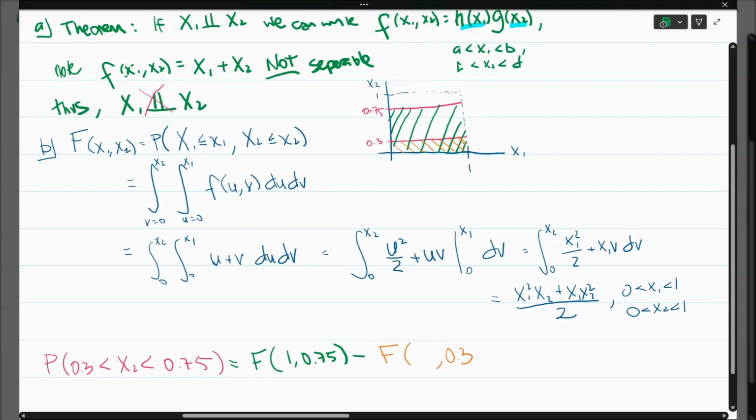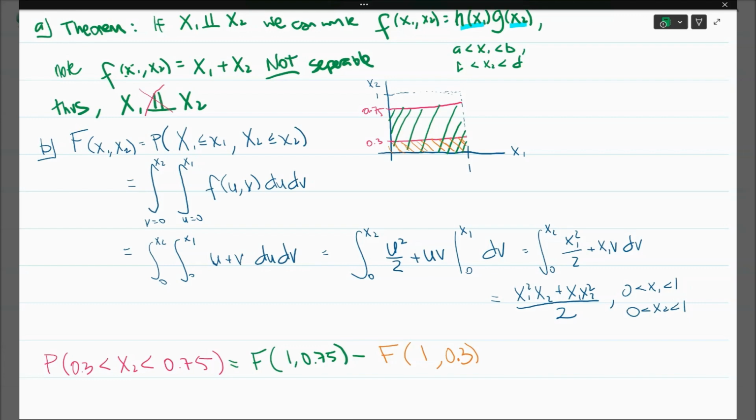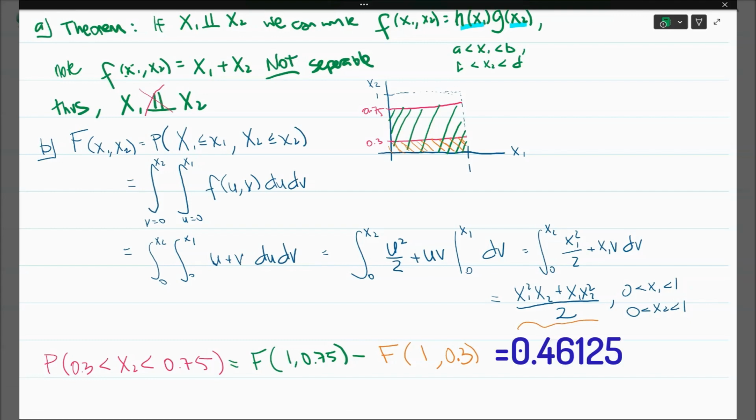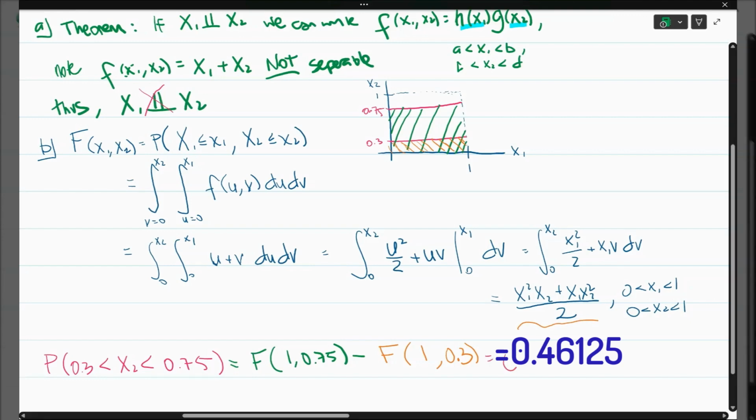Now, x1 also must be less than 1 in order for us to encapsulate this entire region to the left of 1, right? So we're looking at this difference. Each of these can be found by plugging into that piece right here. And then we get our answer through calculation. If I'm not mistaken, we end up with something like 0.46125.